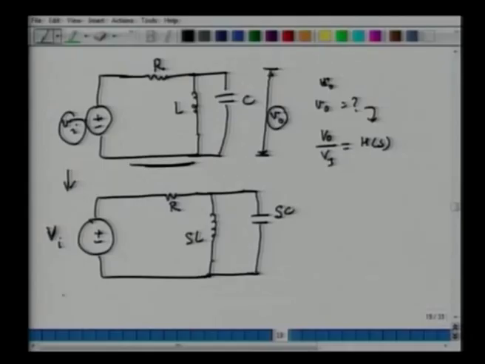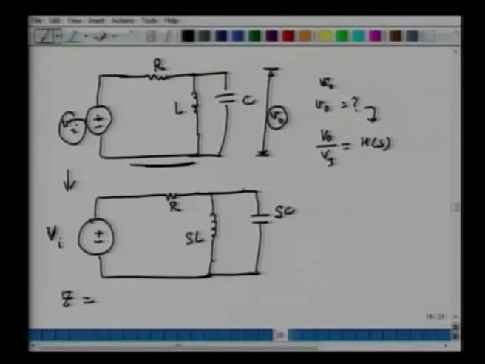Now I compute the impedance of this circuit, and I don't have to worry about phase and everything, because the phases are embedded in these things themselves. So let's first compute the impedance of this block. Let's call it Z. Because sL and 1 over sC are in parallel, it is 1 over sL plus the impedance of a capacitor, which is this, and then I take the inverse because they are in parallel.